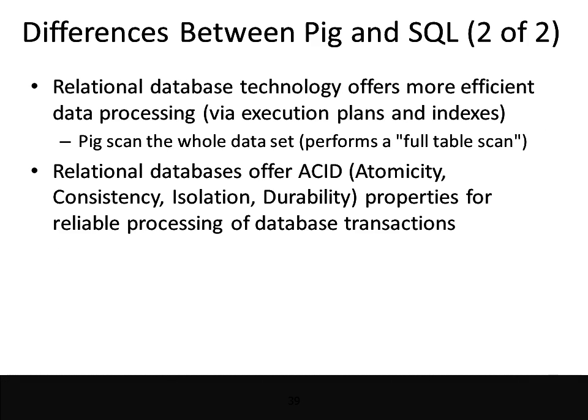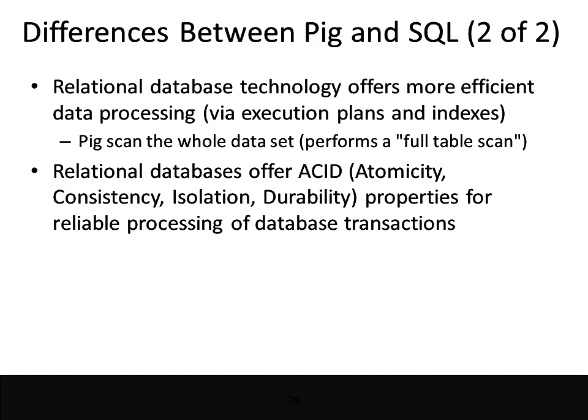Now that means that there's a difference in use cases. Pig operations will typically be scanning an entire data set, so reading an entire table. This is actually very common in a lot of these big data operations. Many of these big data databases don't have indexes. It's assumed that the analytics that we're performing is sweeping entire tables, what a database person would call a full table scan. And in certain analytics cases, this is exactly what we want to do.